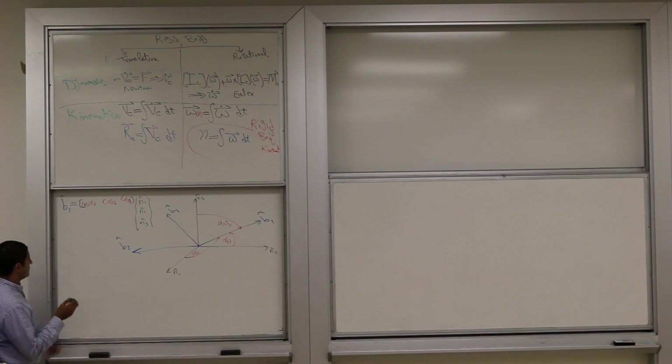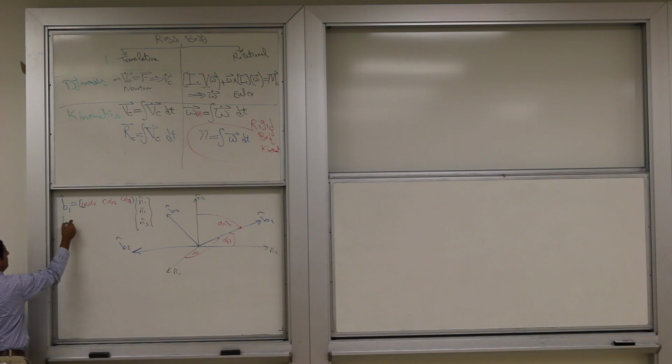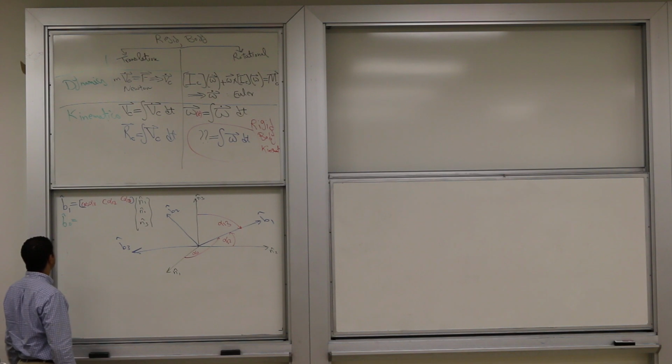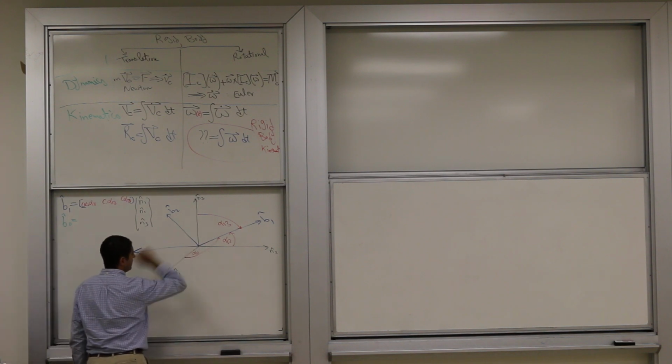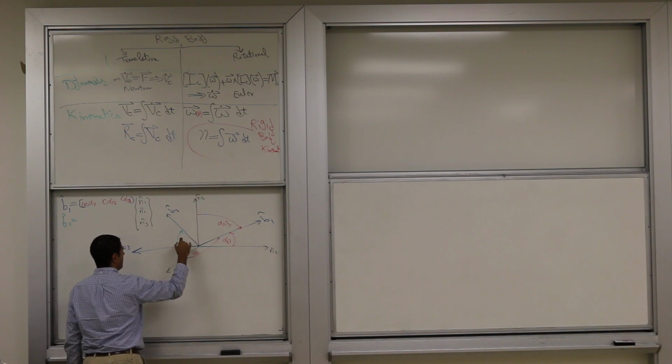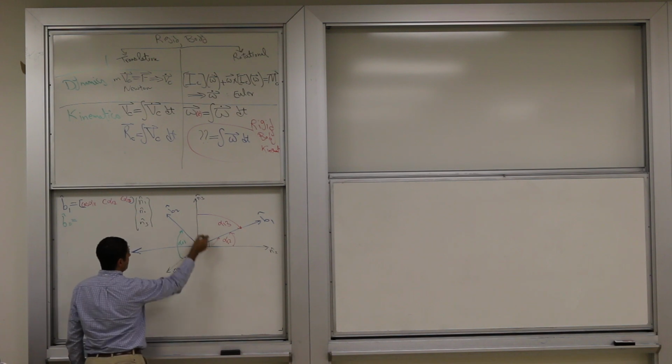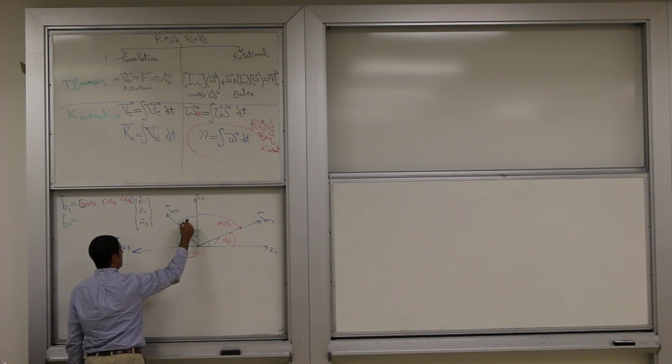Okay, so let's define B2. Well, it has other 3 angles from N1, N2, N3. So this is alpha 2, 1. This is alpha 2, 2. And this guy is alpha 2, 3.